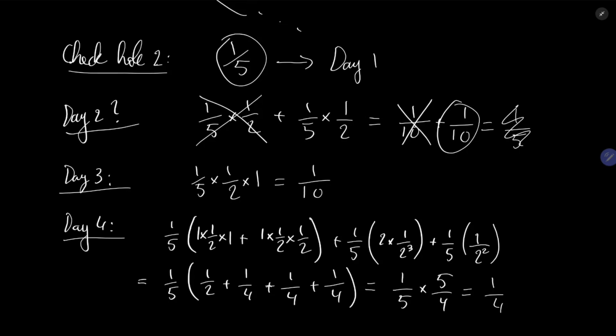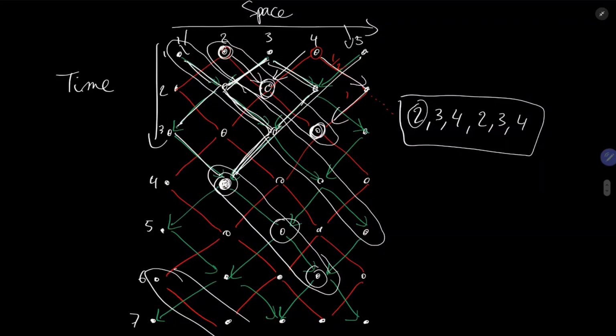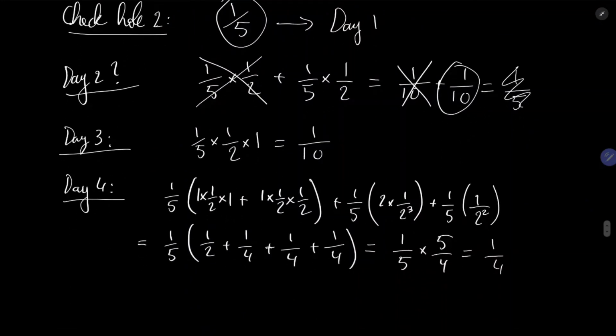Actually, this is not correct. I forgot one more path. The path that is going from here, there, and finally there. So we have a probability of 1/2 here, multiplied by 1/2, and a probability equal to 1 to go to the right in that case. So we have to add this probability here, plus 1 divided by 2 squared.